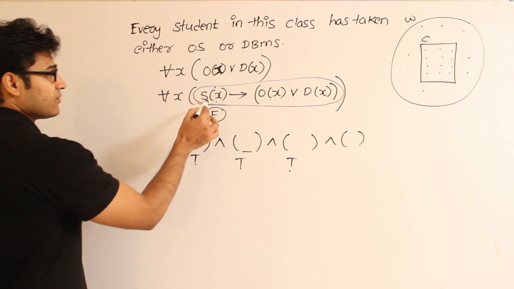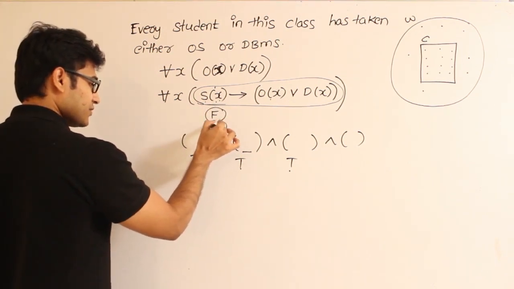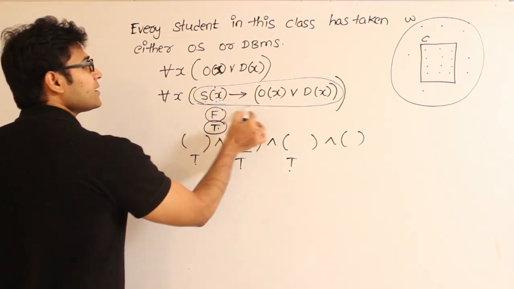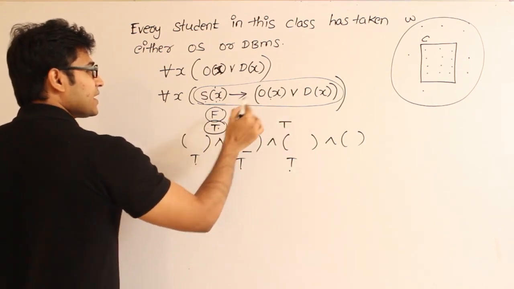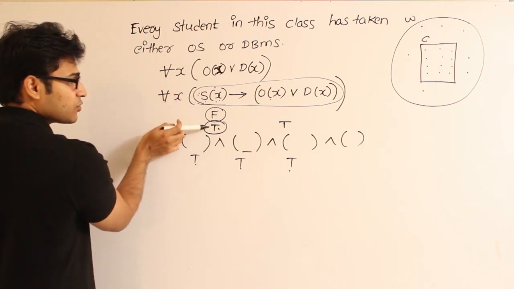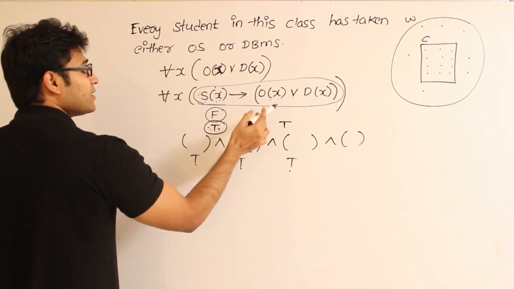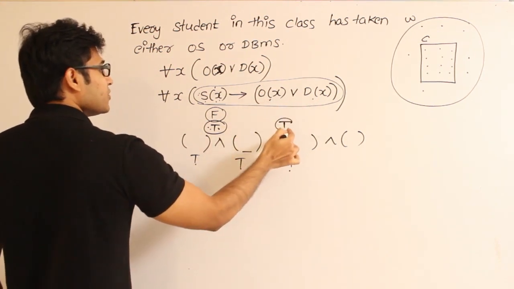For that reason, if S of x is true, which means the student is present inside the classroom, then this entire statement will be true only when this is true, which means for every student for whom this statement has become true, which means for every student inside the class, he has to take operating systems or DBMS, then only this one will be true.